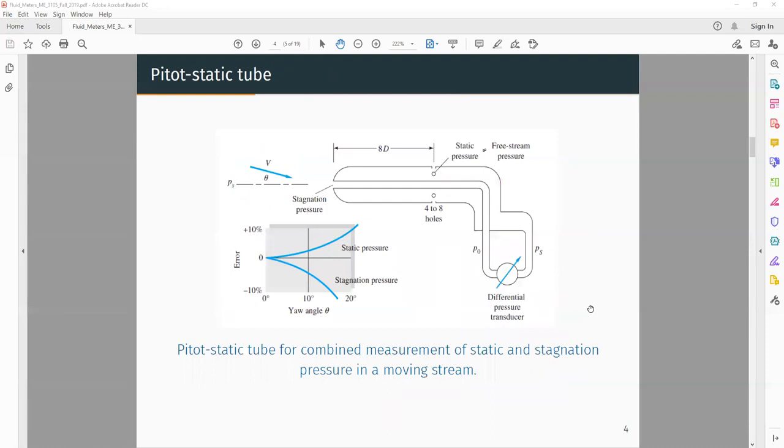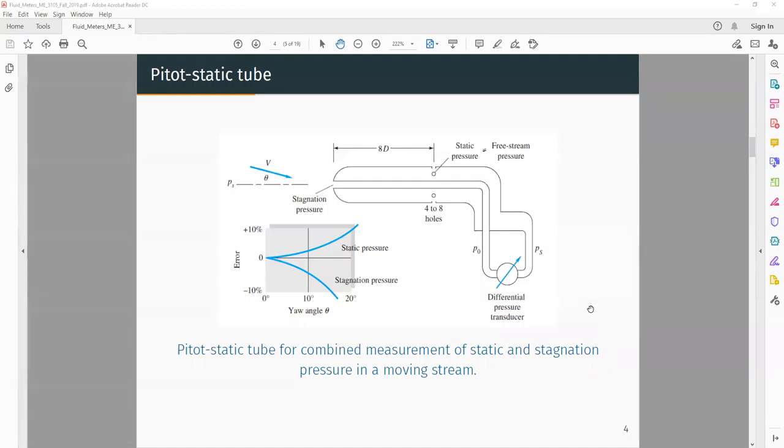Okay. Now let us try to understand the working principle of the pitot-static tube. It's a very easy one, and it is the most common fluid flow measuring technique. From the pitot formula, we can directly get the velocity of the flow.